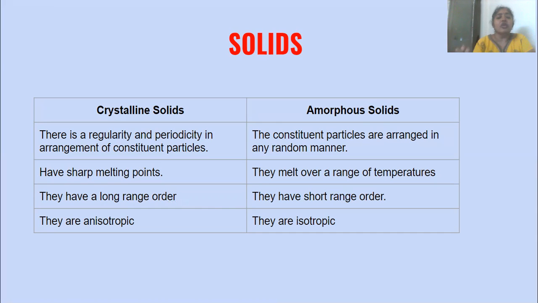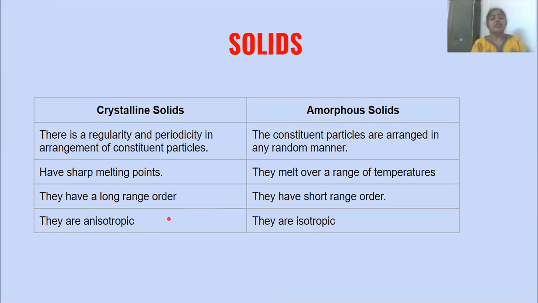It will not be continuous over the entire solid. So the amorphous solids are said to be of short range order. Then we saw that crystalline solids are anisotropic in nature, that is, they exhibit the property of anisotropy, where the magnitude of a physical property, for example refractive index, changes with change in direction, whereas amorphous solids are isotropic in nature.